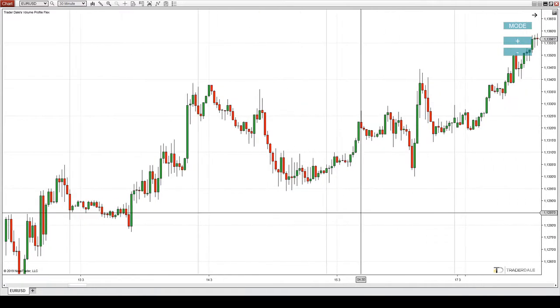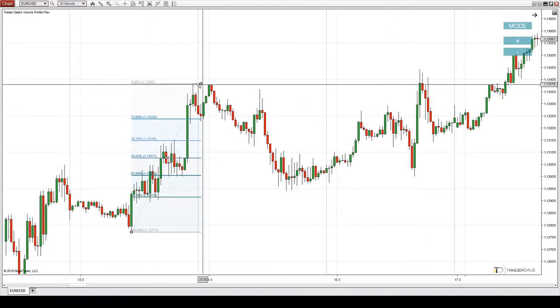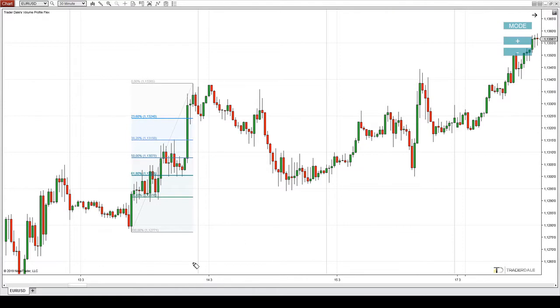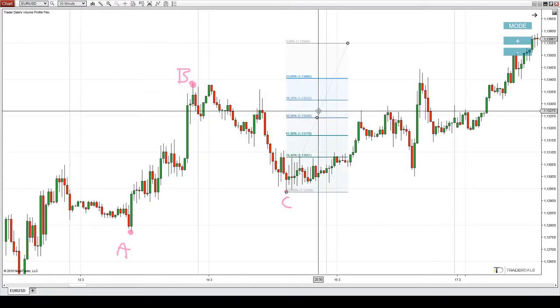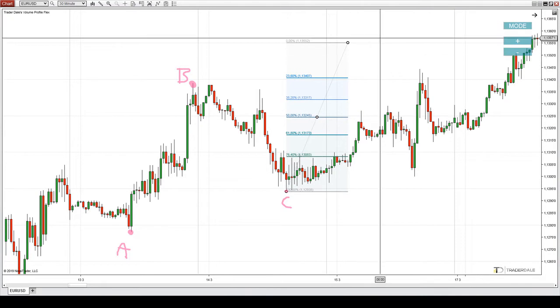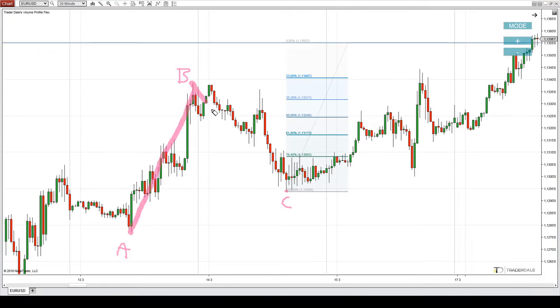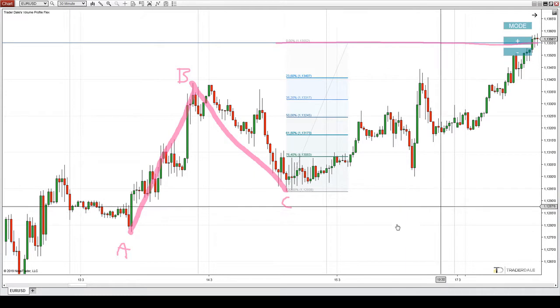Now here I see a big one, swing point A. Here is swing point B. So this one is A, this one is B. Then below the 50% there is a swing point C. So you move the Fibonacci tool like this, so it begins at C. So you have A, B, C, and this line, when the price hits it, you go short in here.